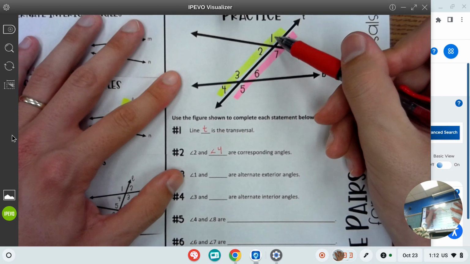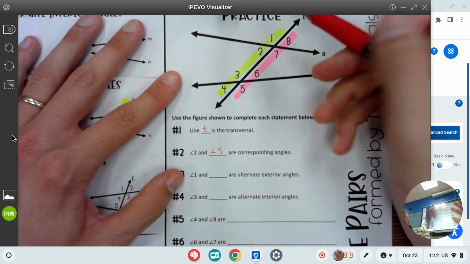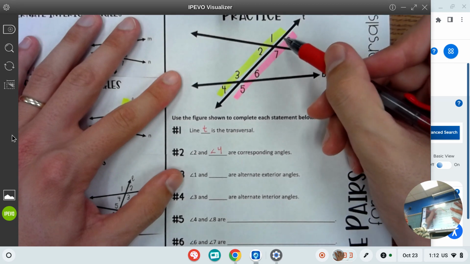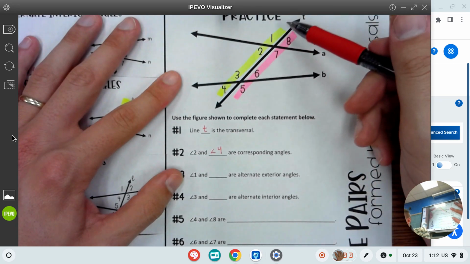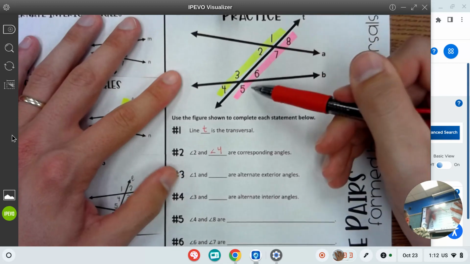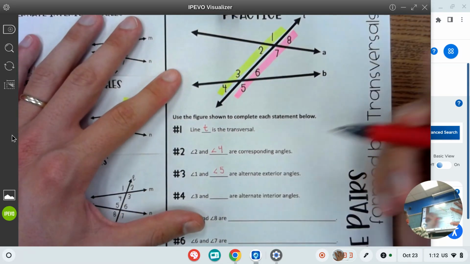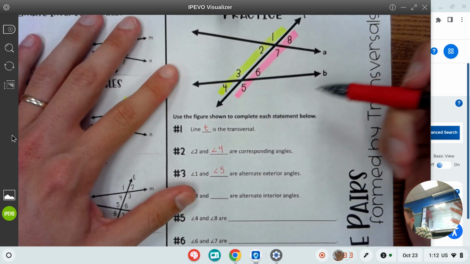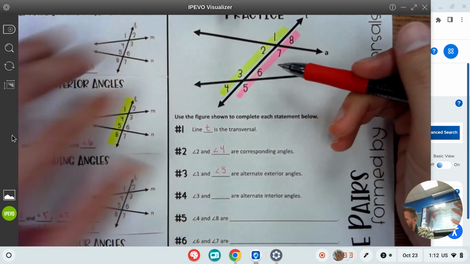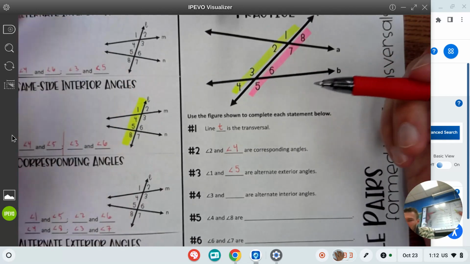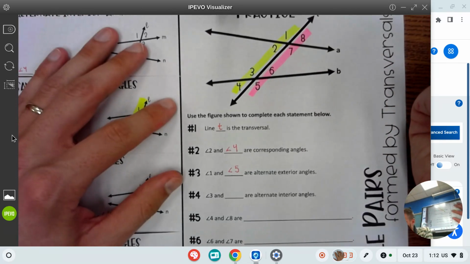Alternate means we should be going from yellow to pink, and exterior means we should be going all the way on the outsides. So 1 and 5. Now notice that these are numbered a little differently than they are on the actual flip book covers. Otherwise every question would be the exact same for the rest of your life.